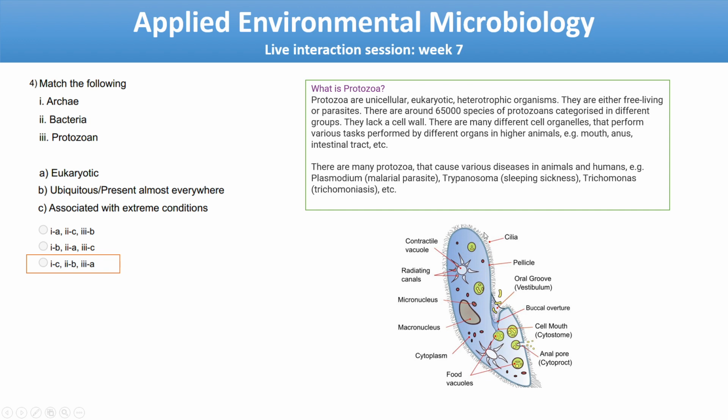It also has cilia with which it beats to move. Also, it has an anal pore, and all this shows that protozoa have cell organelles that can perform the tasks that are performed by different organs in higher animals.